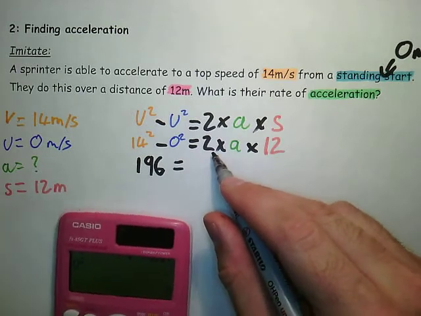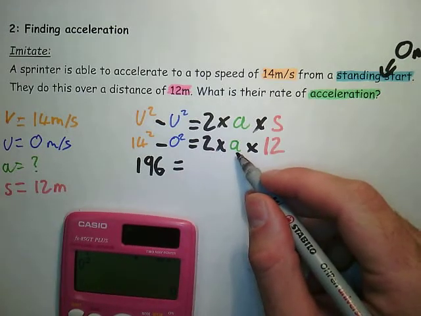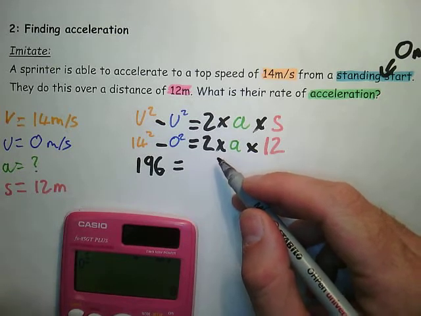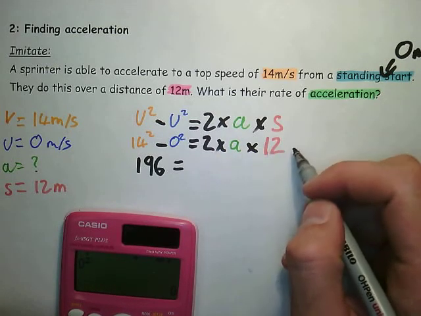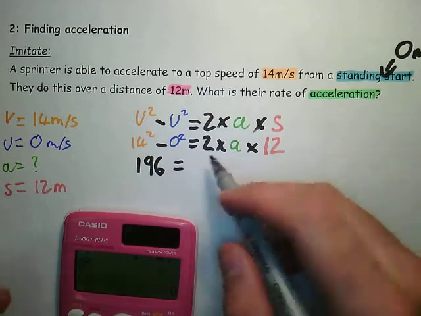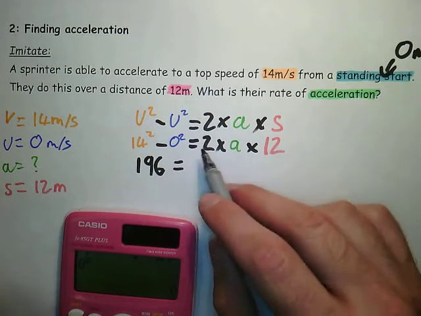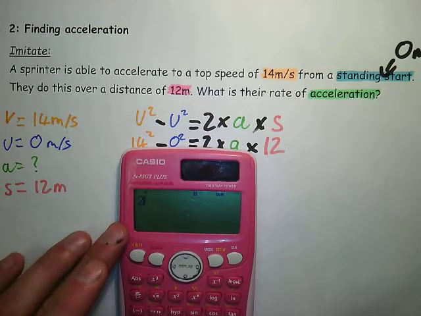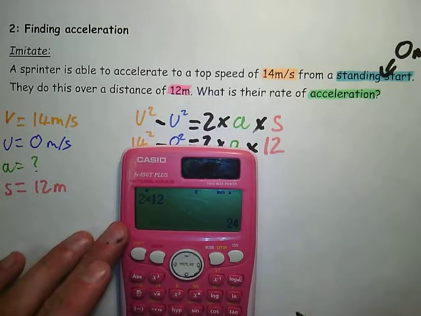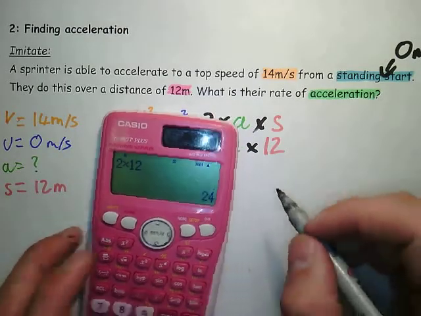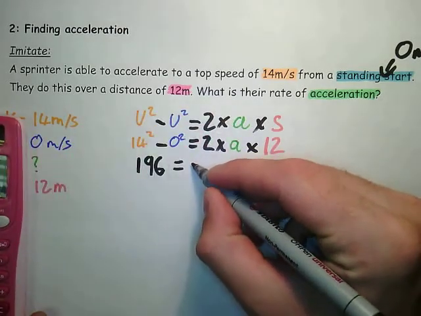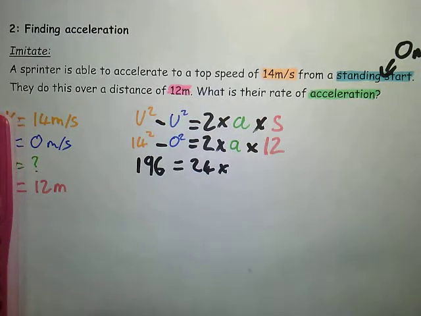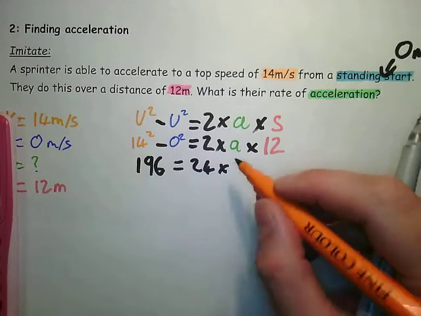I know the a's in the middle, but it doesn't matter, because 3 times 2 is 6, and 2 times 3 is 6. You can put things in any order and it will still work. So we can do 2 times 12 on this side, which gives us 24 times our acceleration, that we still don't know.